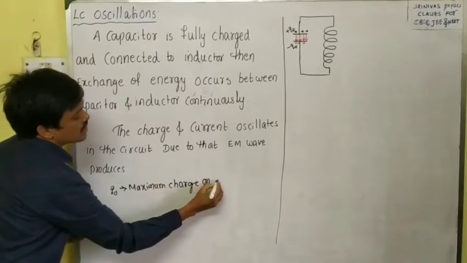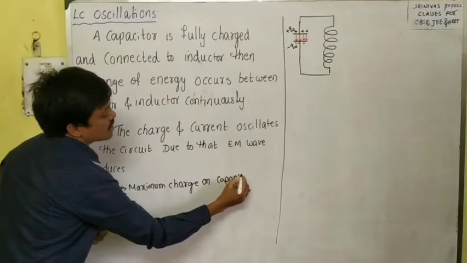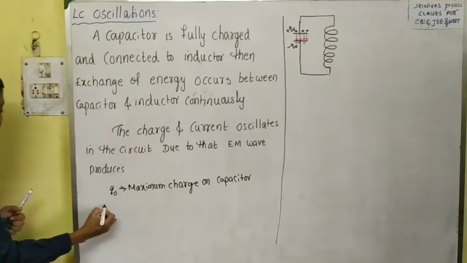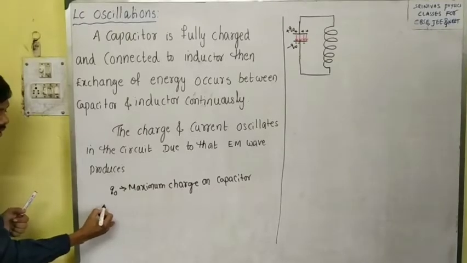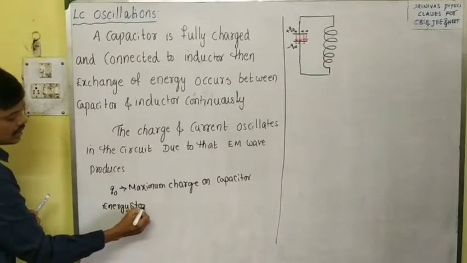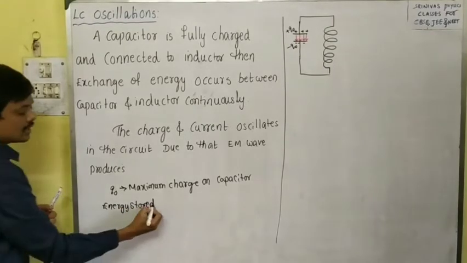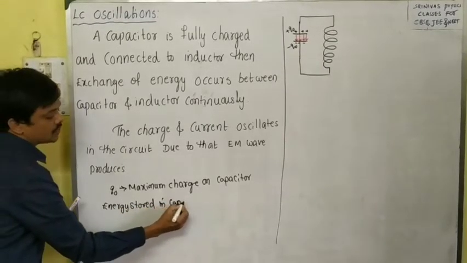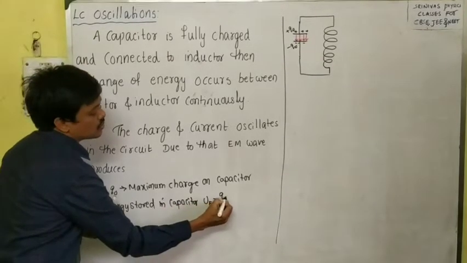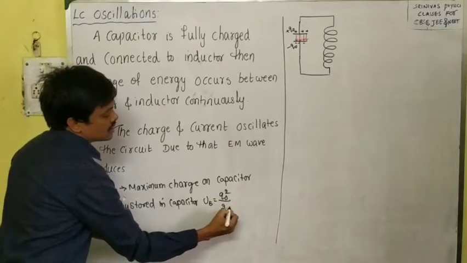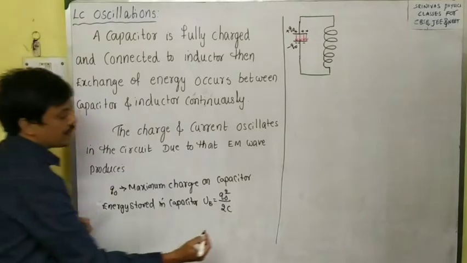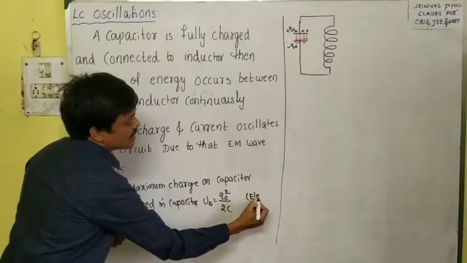Okay, and the formula for the energy stored in the capacitor you already know. The energy stored in the capacitor, that is electrical energy, is Q naught square by 2C. This is in the form of electrical energy.